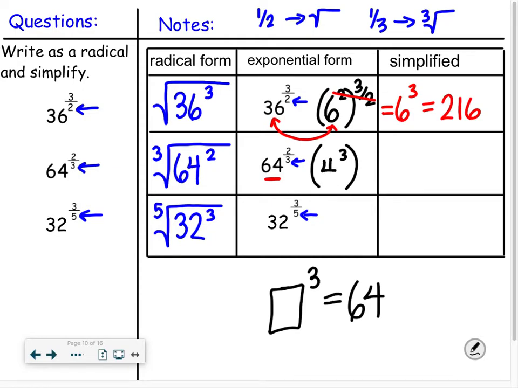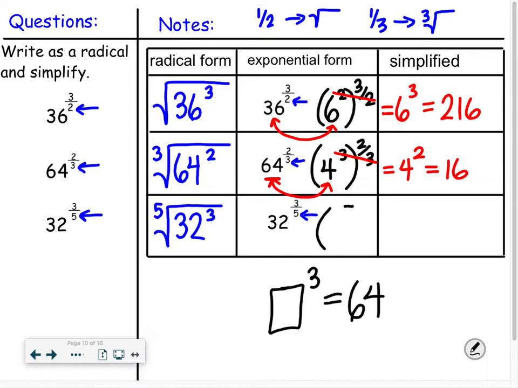Well, that's 4. 4 to the 3rd power. So these are equivalent now. Then I can keep my 2/3 fraction here. Cancel the fraction denominator with that 3. So then 4 to the 2nd power is 16. All right, next one.